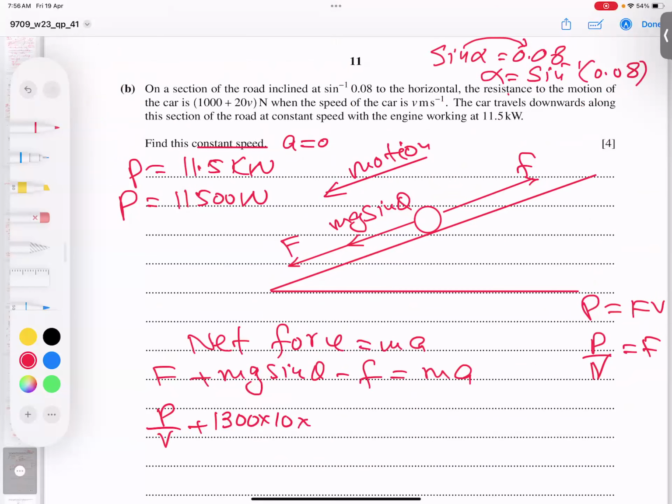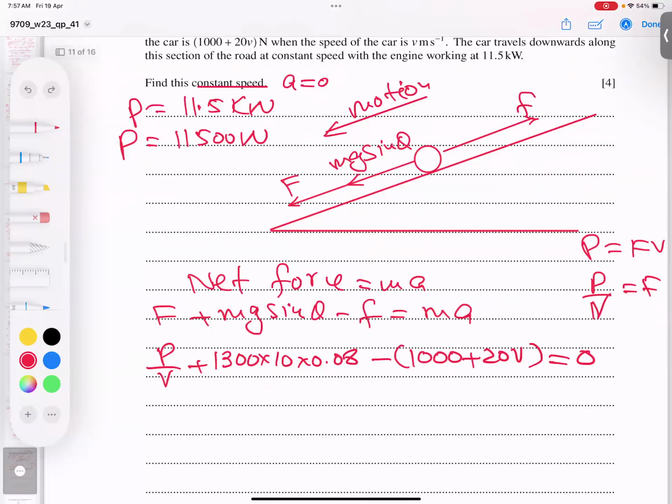The friction value is given by him as this, with the minus sign outside. And mass again 1300. And this is 0, why 0? Because he said constant speed.